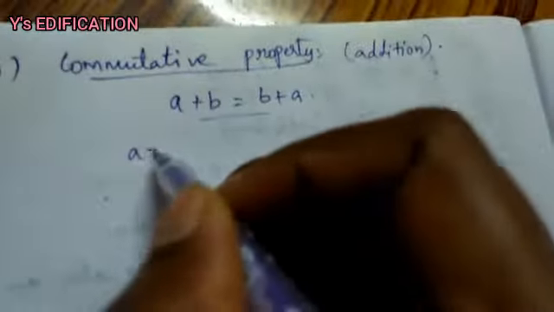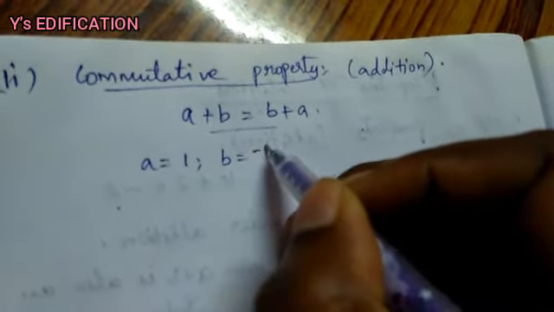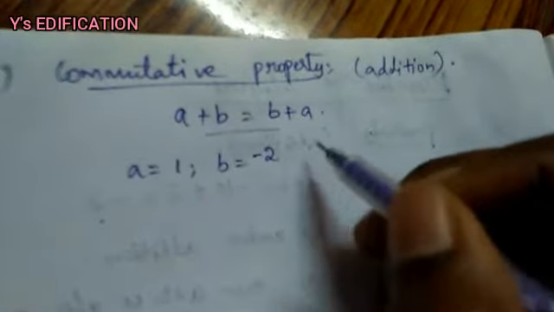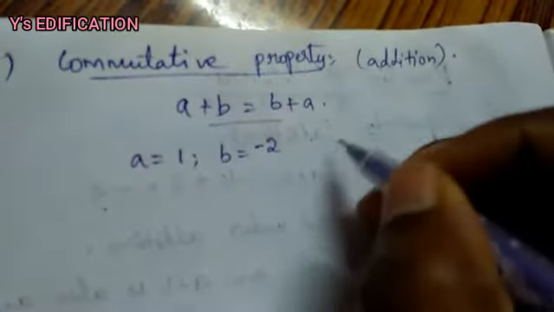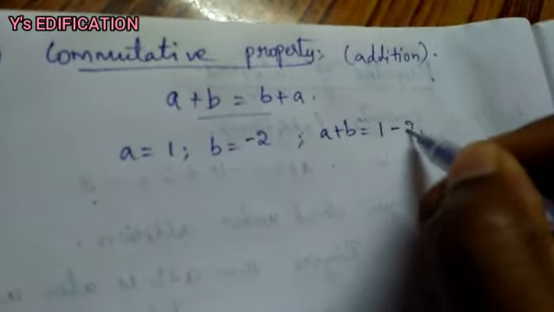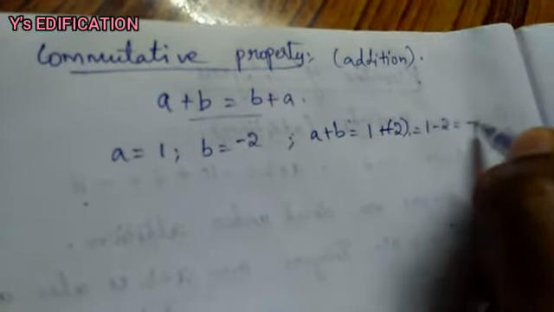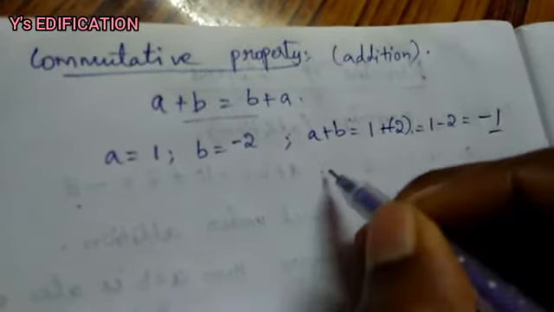That means let me take a is equal to 1, b is equal to minus 2. When I add a plus b, what is a plus b? 1 plus of minus 2, that is 1 minus 2, that is minus 1. The result is minus 1.